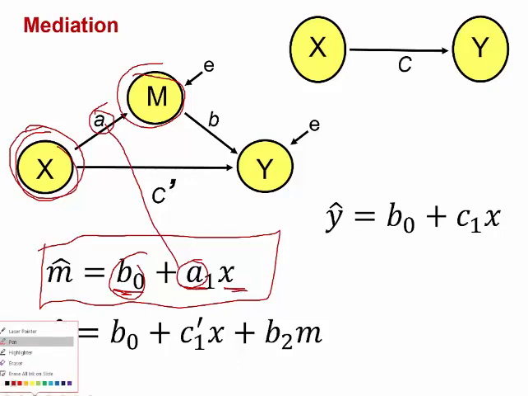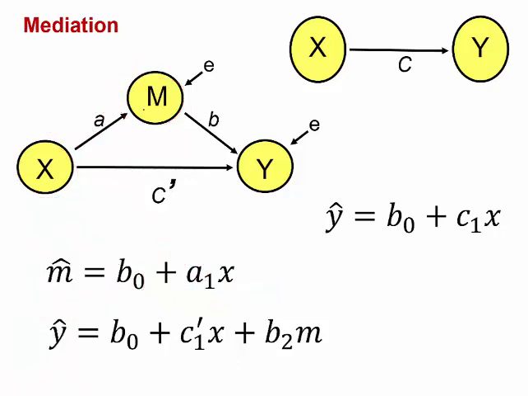And then we have a third equation also embedded within this triangle: Y, in this picture right here, is predicted by both M and X. So it's a multiple regression equation where I have two predictors.